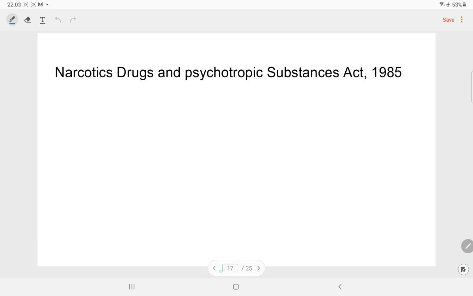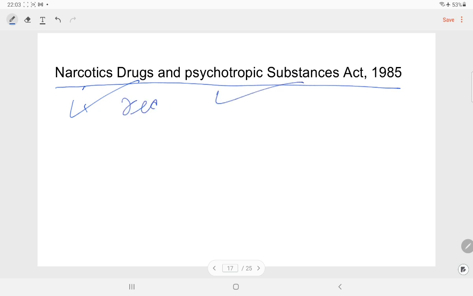So what is this NDPS Act? It is the Narcotic Drugs and Psychotropic Substances Act 1985. This act regulates certain operations such as manufacture, transport, and consumption related to narcotic drugs and psychotropic substances. Under this act, financing illicit activities such as cultivating cannabis, manufacturing drugs, or harboring persons engaged in them is an offense.